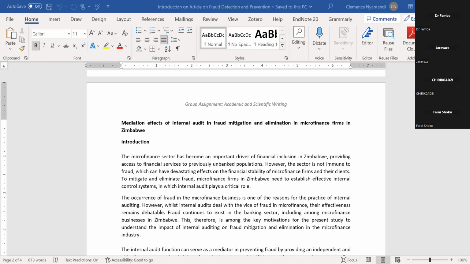So what you really need to do is to ensure that you give reference to the particular individual, or particular authors, group of authors, who should be accredited, who should be credited with that piece of work.